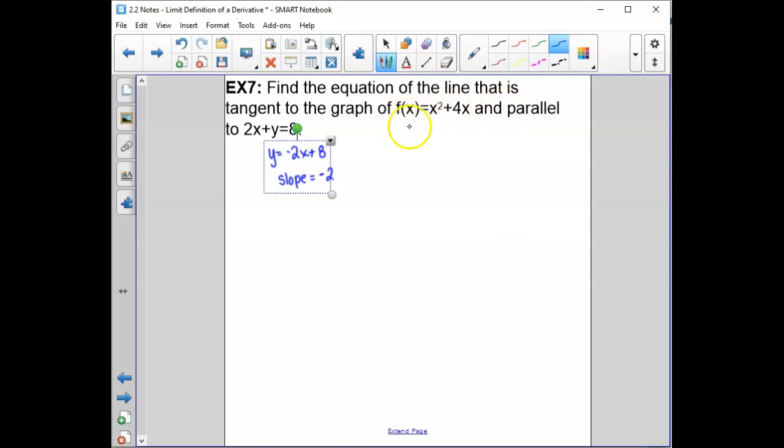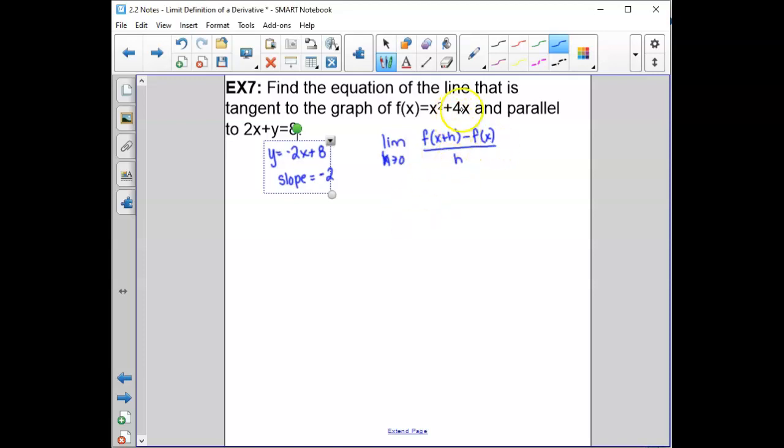So what I've got to do is I've got to find the derivative. And in this case, I've got to use the limit as h approaches 0 of f of x plus h minus f of x over h here. So I'm using that limit definition of a derivative that works for all numbers and not just at a single point.